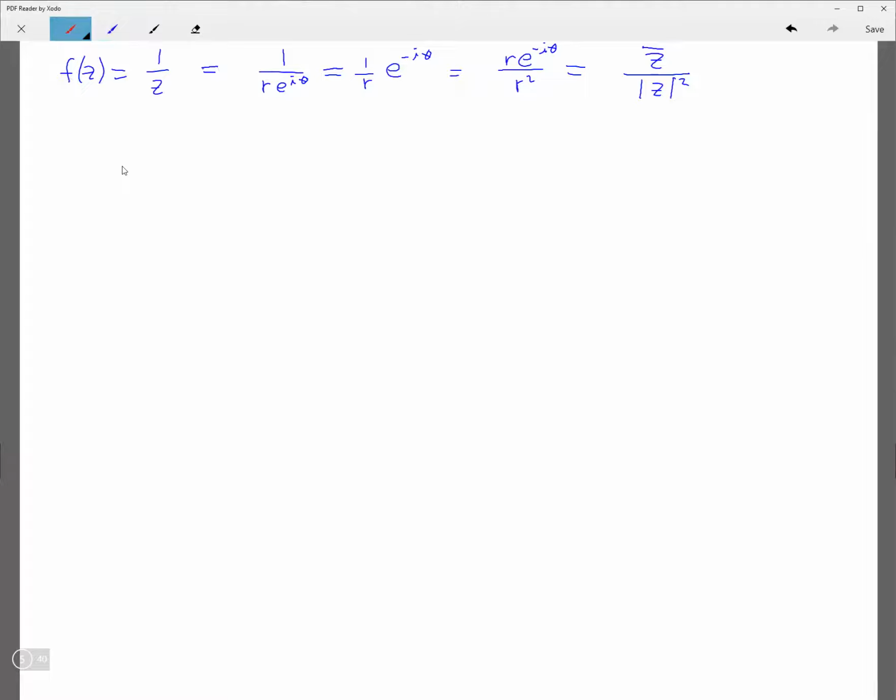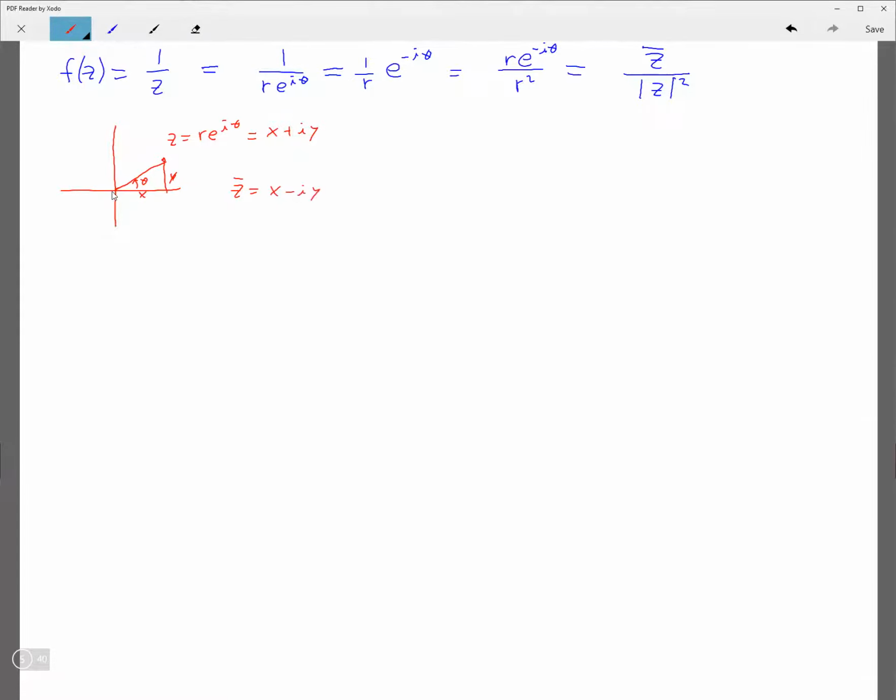Let me just do a little aside right here. Let's say you have a complex number right here. Here's z, and we'll say that's r e to the i theta, and this is your theta. But let's also say it's x plus iy, so this is x and that's y. What's the conjugate? The conjugate is x minus iy.